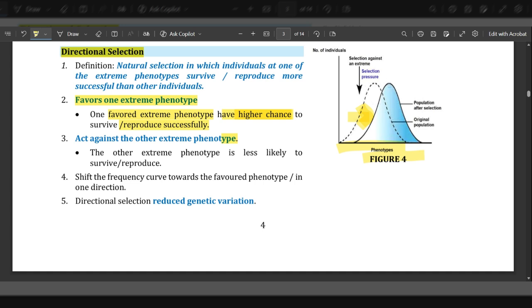While the non-favorable phenotype is less likely to survive and has fewer chances to reproduce, so its frequency will also decrease, causing the whole gene pool to shift in the direction of the favorable phenotype. This can also reduce some genetic variation because it causes the elimination of some of the extreme phenotypes that were originally present in the population.